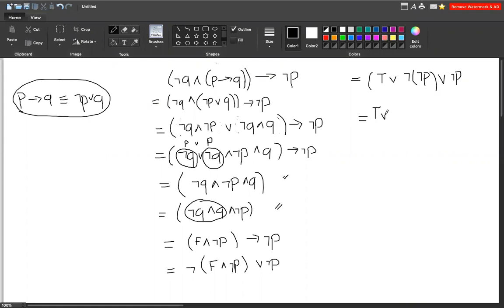We have this or, don't forget the brackets. Negation of negation becomes P or negation of P.